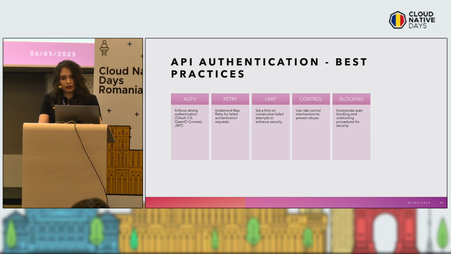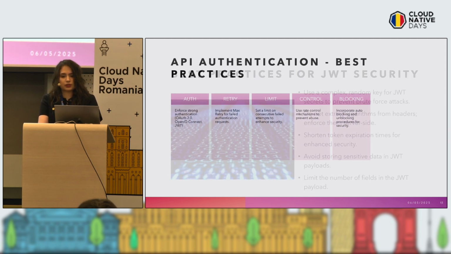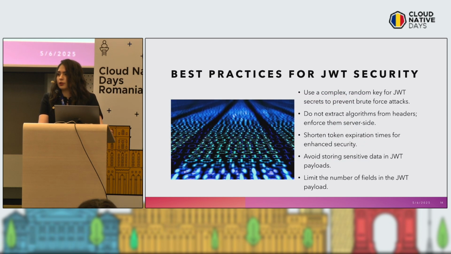Additionally, rate control mechanisms should be set, to limit consecutive failed attempts, along with strong authentication using standard protocols. For JWT in particular, it's best to have shortened token expiration time.